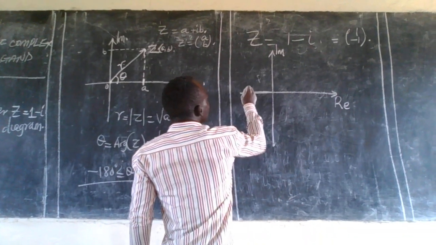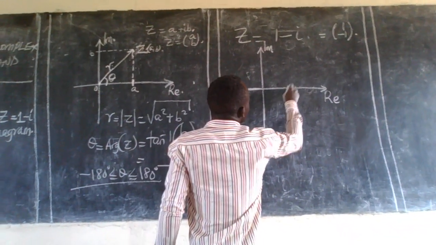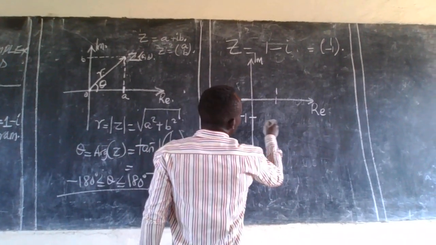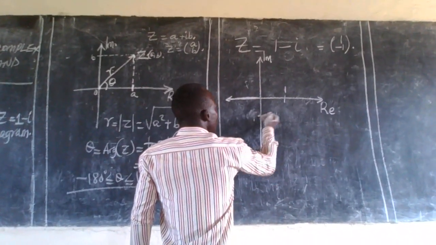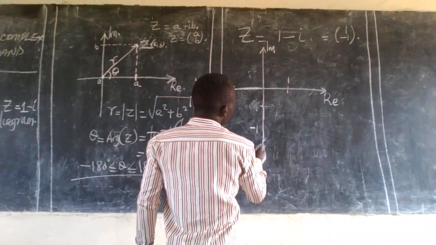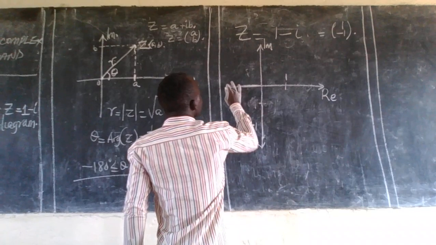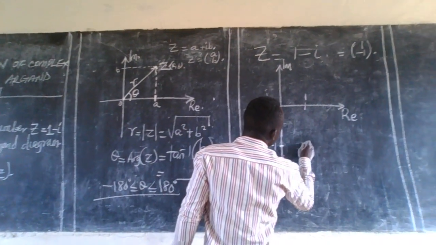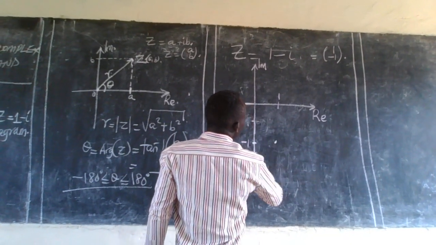Because we realize that this is 1, then negative 1 can be around there. Let me make it bigger. I put negative 1 to be around there. It will be there.